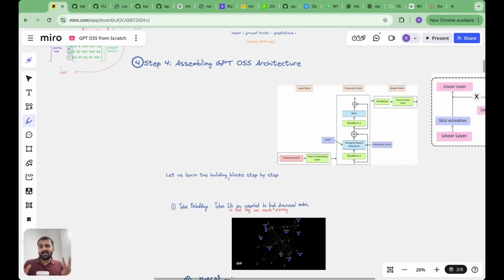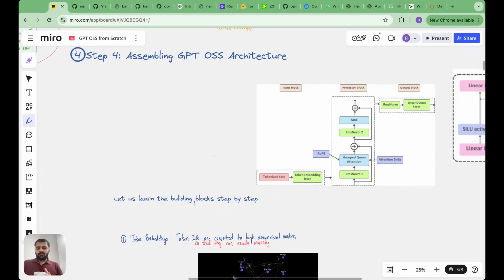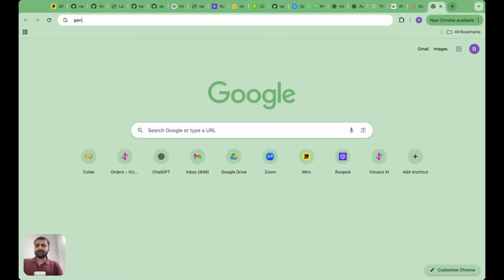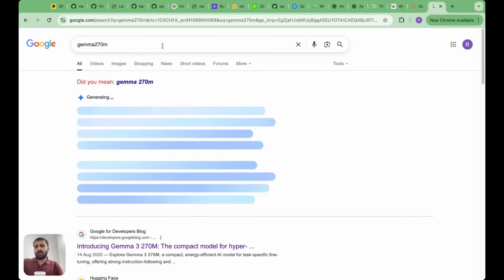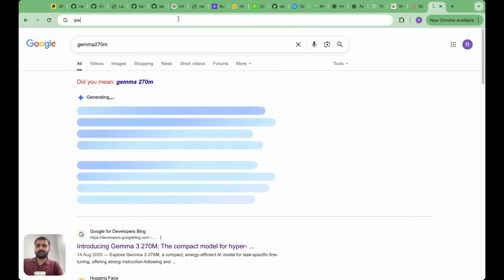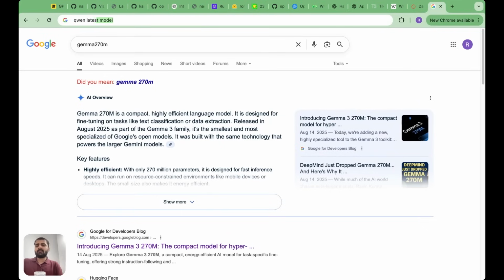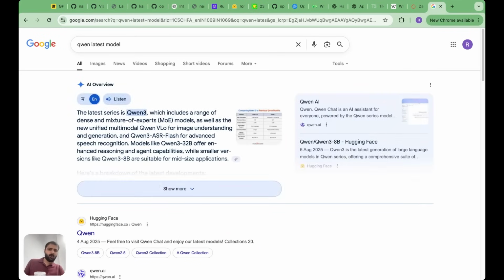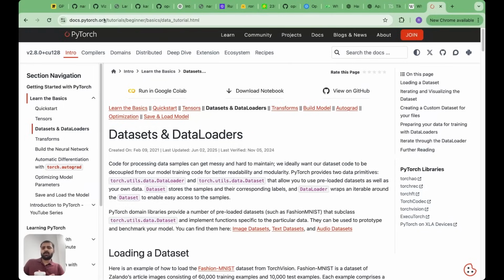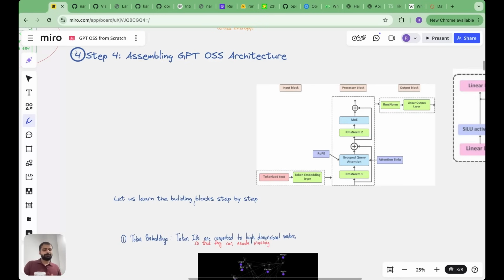So let's now start understanding the brain of GPT-OSS, and let's build all the blocks which make the GPT-OSS architecture so special. If you place the GPT-OSS architecture in the context of many other modern models such as Gemma 270 million or Gemma 3, or even for example Qwen, the architectures of the latest Qwen models, it follows some innovations very closely with all of these models.